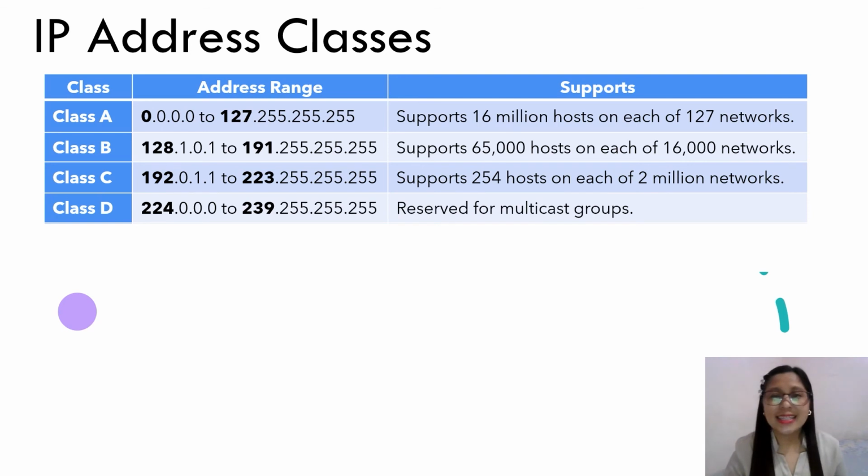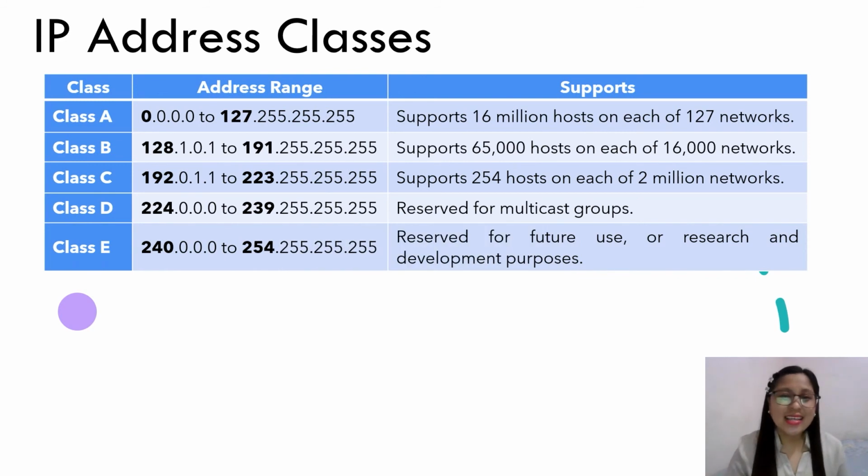Class D has an address range from 224 to 239, while Class E ranges from 240 to 254. Class D and E addresses are least used. Class D is reserved for special cases, largely for services and applications to stream audio and video to many subscribers at once. Class E addresses are reserved for research purposes.